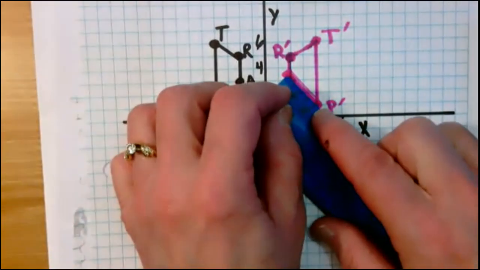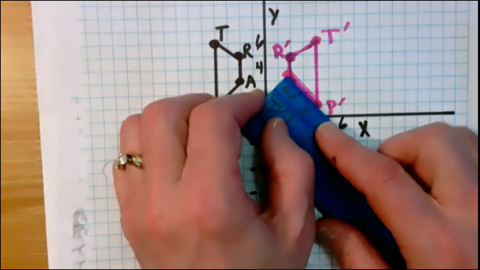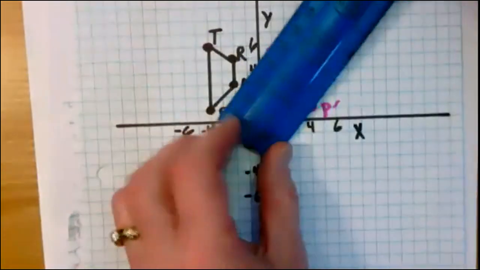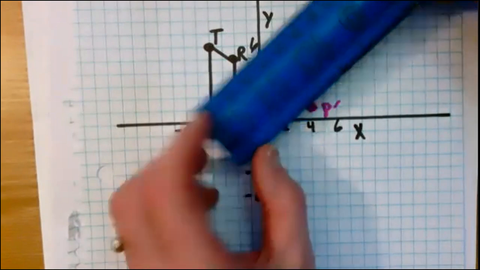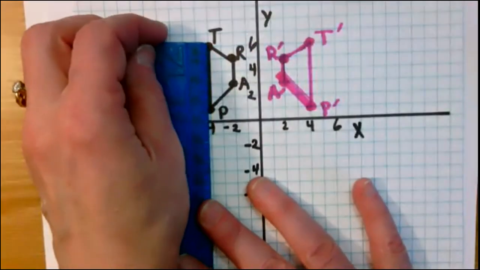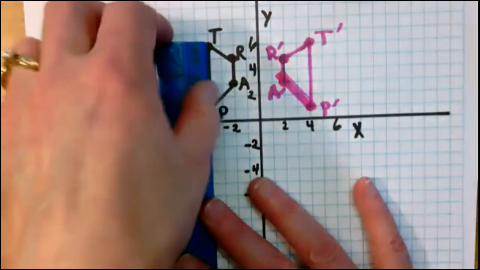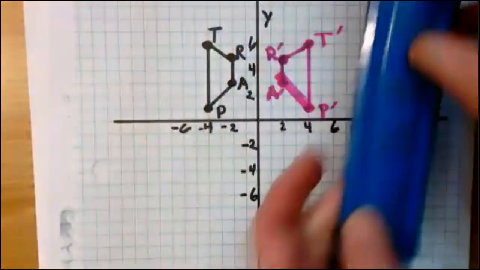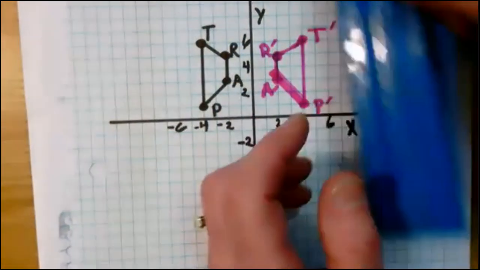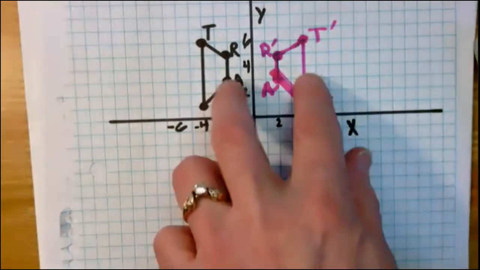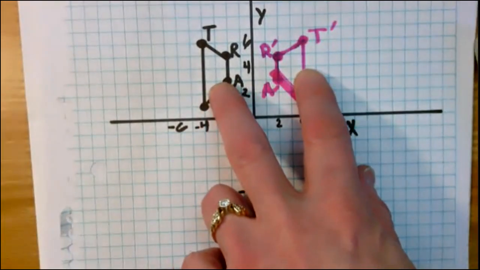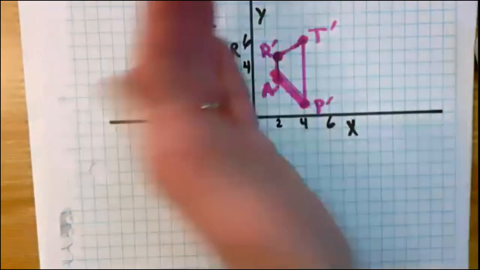From here to here is about 2 centimeters. I don't know if you can see that on the camera. And then over here, it's 2 centimeters, right? This is about 3.5 centimeters. This is 3.5 centimeters. I have not changed the size of my trapezoid with the reflection. All I've done is flip it.